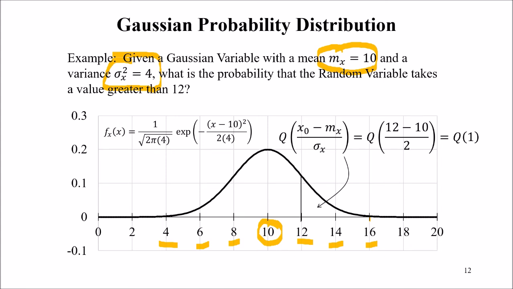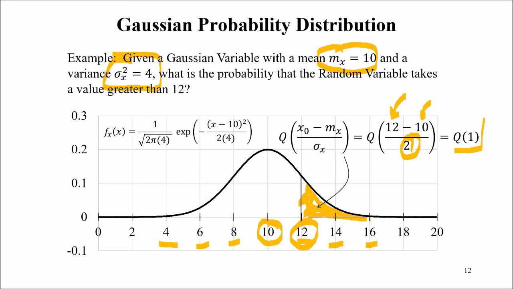What is the probability that the random value takes a value greater than 12? So we want to know the area under this portion of the curve for x greater than 12. So using this expression, Q of (x minus m sub x) divided by sigma x, that's going to be Q of, we're looking at the value 12. The mean value is 10, and we're dividing by the square root of the variance. So the square root of 4 is 2. 12 minus 10 is 2. 2 divided by 2 is 1.